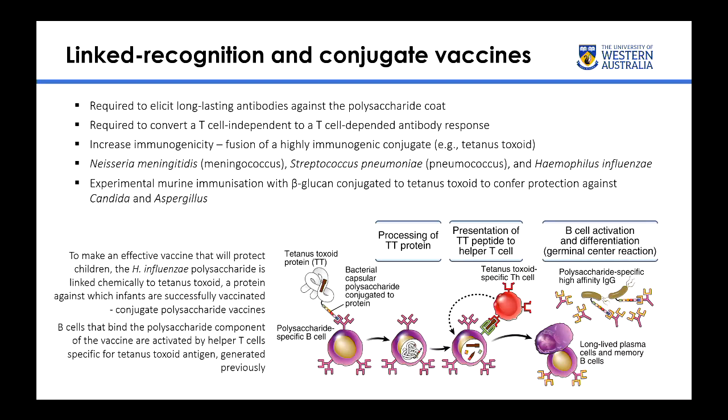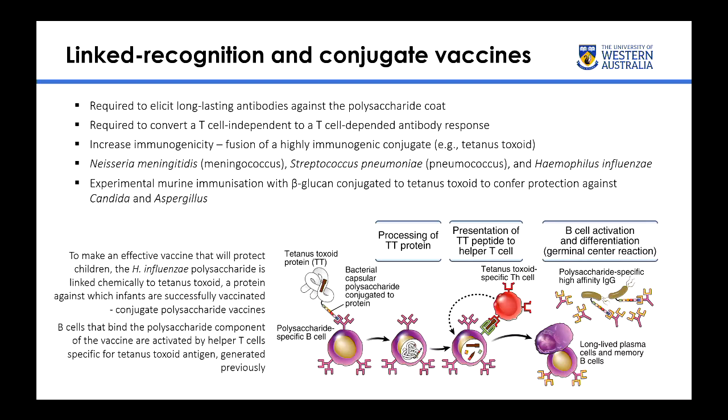It's the conjugation of a protein to polysaccharides that will allow the engagement. So this B cell, for instance, has the BCR specific to the polysaccharide, but then engages via an MHC with a protein, or the toxoid protein, and receives those signals from T helper cells to survive.